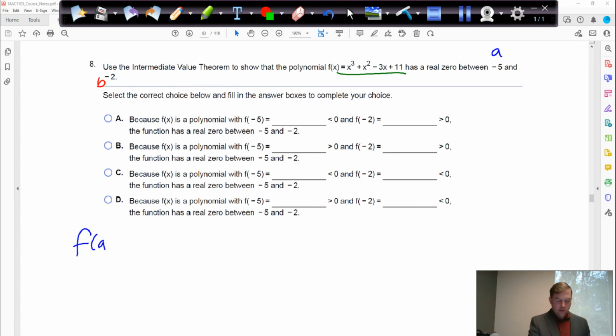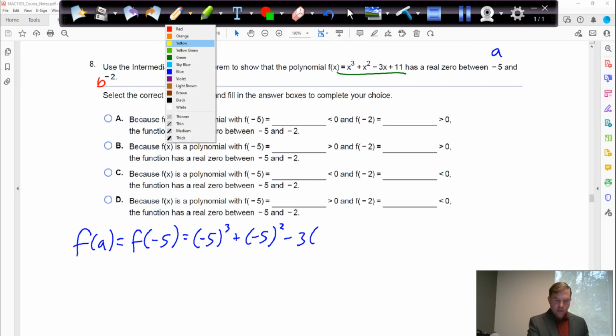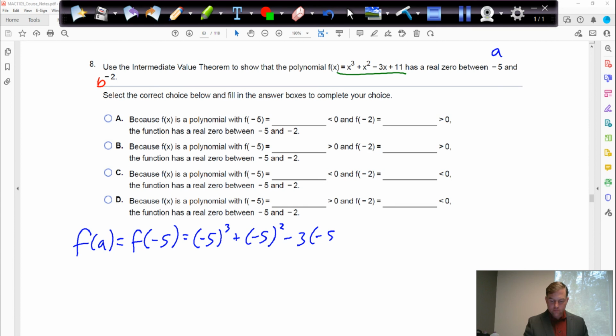So f of a is the same as the function at minus 5, which would equal, be careful here, minus 5 to the third plus minus 5 squared. I encourage you to try this one on your calculator. Make sure you get these signs correct. Minus 3 times minus 5, and then plus 11. And if you do all of these numbers correctly, you should get negative 74.